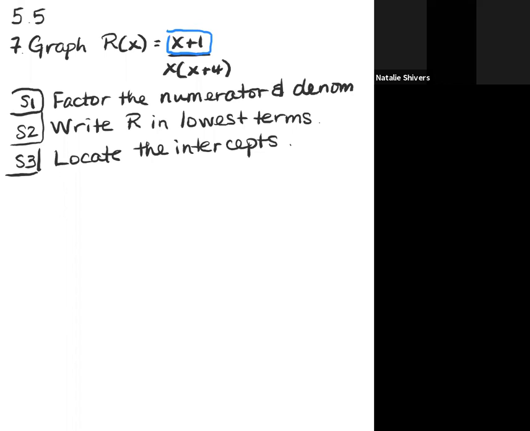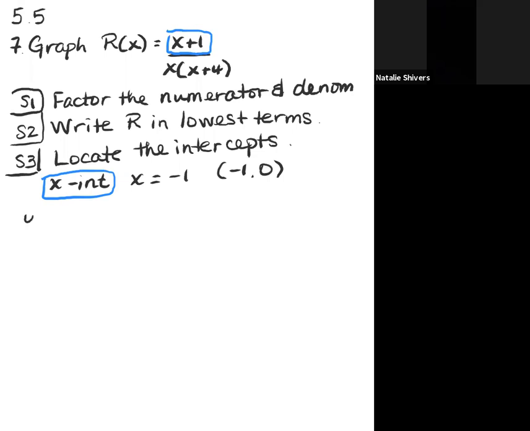So for the x-intercept, we're going to deal with the blue. So x equals -1, so we get the coordinate -1, 0.